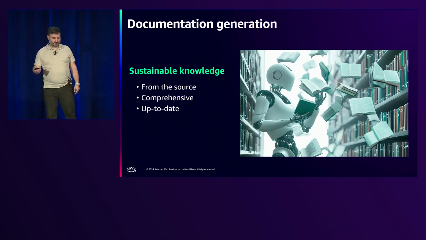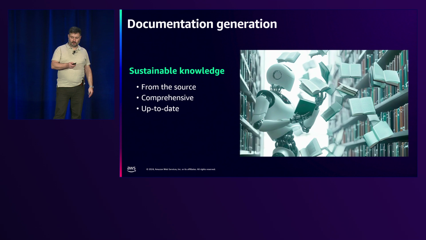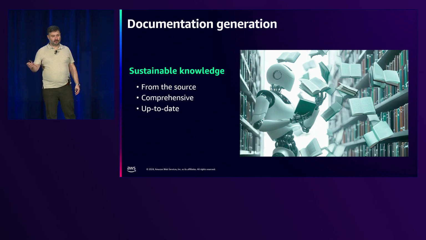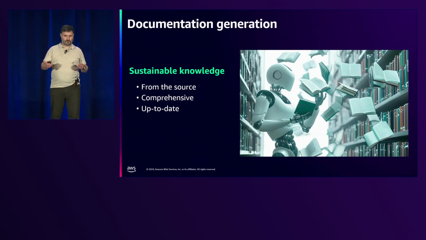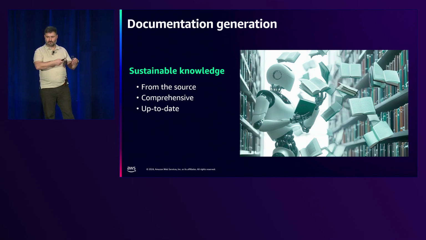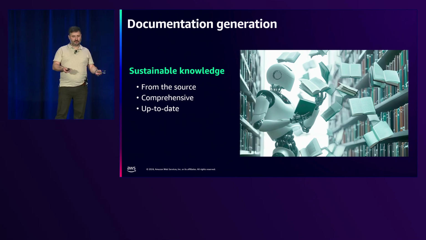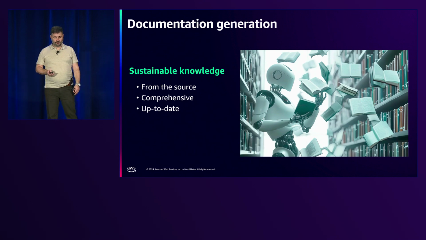The good news is you can refresh the documentation anytime. If you make any code change while you're doing your modernization, and it's frequent that the code is still evolving, you can constantly refresh your documentation as you need.